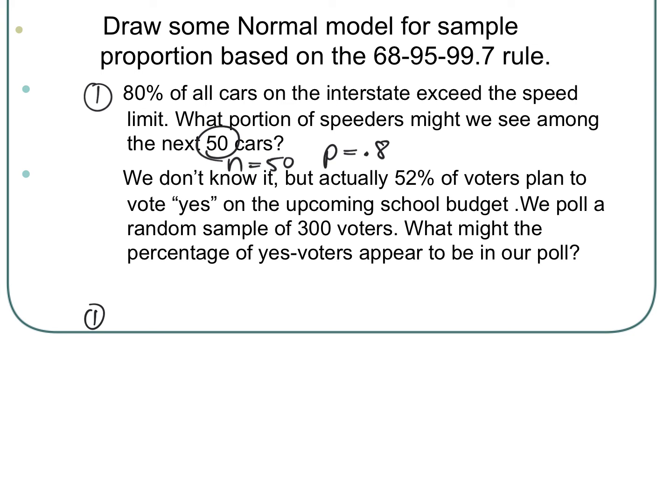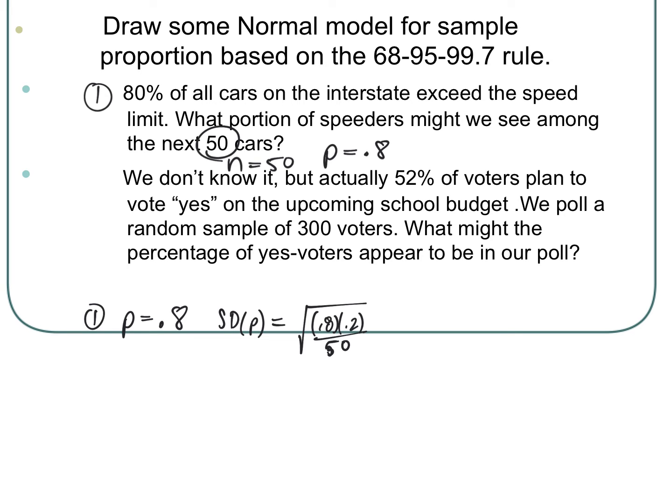So for number 1, our p is 0.8, and our standard deviation is the square root of 0.8 times 0.2 over 50. Now this formula comes from the standard deviation of your binomial model, the square root of n times p times q, divided by n, and you do a little algebra and you get the square root of pq over n.